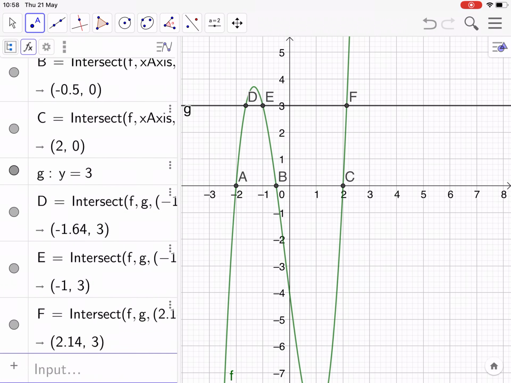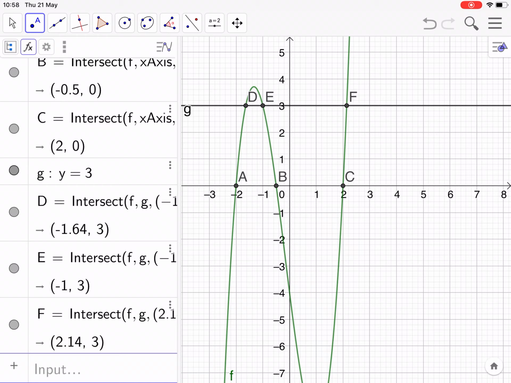That makes it a bit easier, doesn't it? So that clocks those points for me now. And you can see the x values where the function is equal to 3 are here: minus 1.64, minus 1, and 2.14. Now again, they're very technical, very detailed to 2 decimal places. You wouldn't really be expected to have that. But because it's so accurate on GeoGebra, that's what's given us.